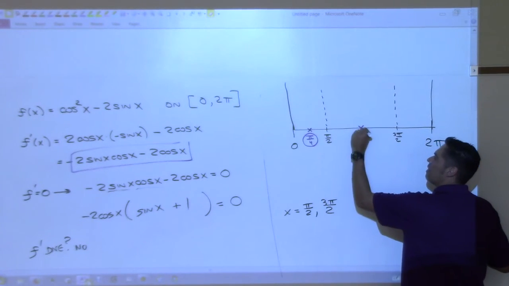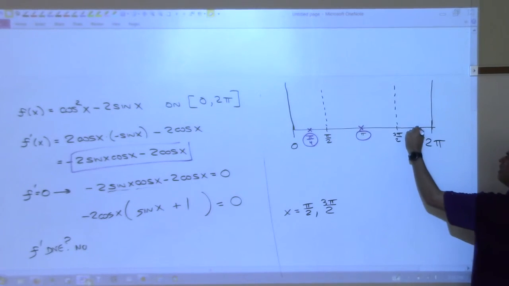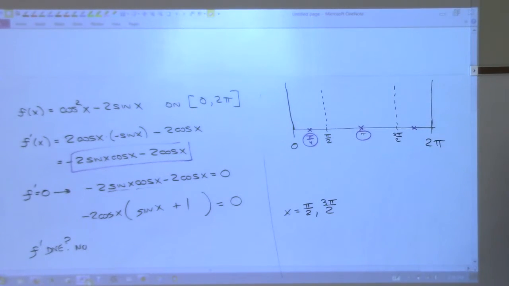And then look at this one right here, pi. I can grab pi, right? And then something over here. 30 degrees, which is what in radians? We use almost exclusively radians from here on out. Degrees come up very seldom.